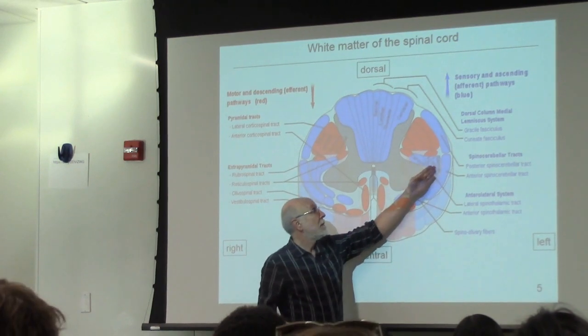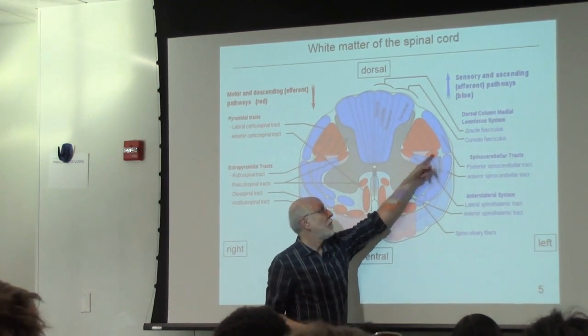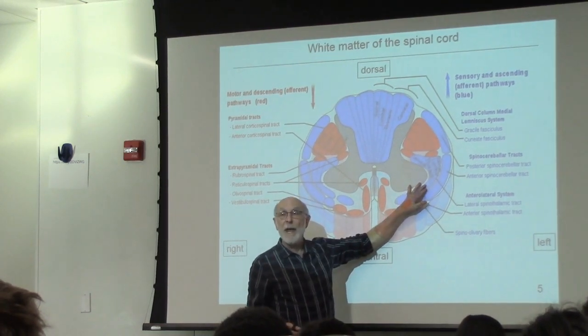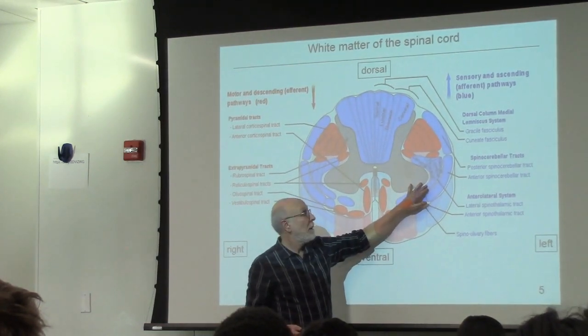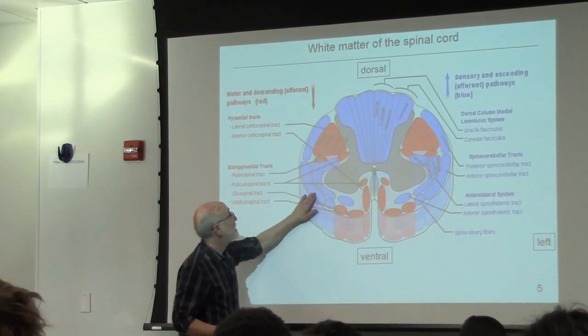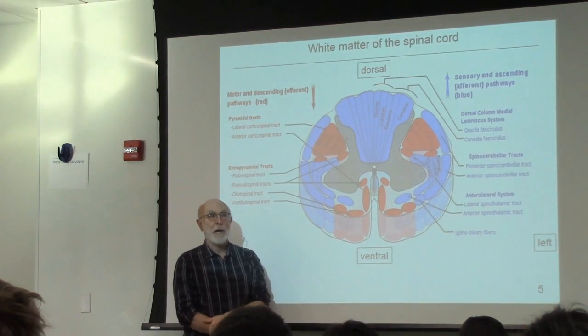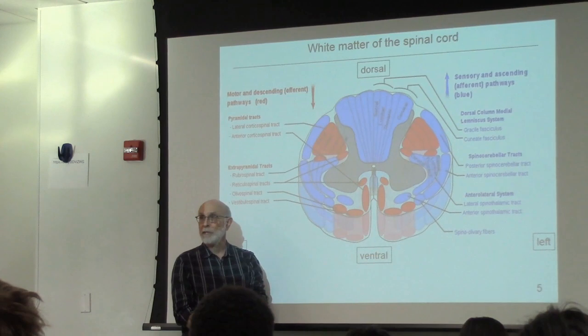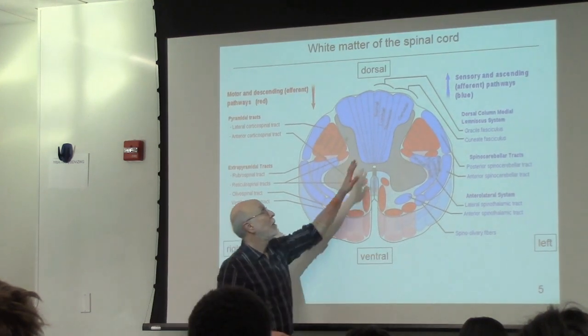Here is the right anterolateral column, carrying pain and temperature information. And here's the anterior and posterior spinocerebellar tracts, carrying more proprioception. Those are the key things to know.